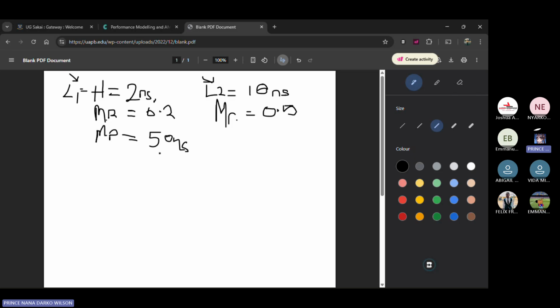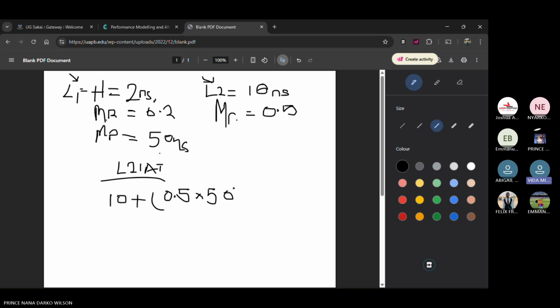So let's do that quickly. We start with level 2. The level 2 access time is the hit time, 10 nanoseconds, combined with the product of the miss rate, 0.5, times the RAM access time, 50. That's 10 plus 0.5 times 50. 0.5 times 50 gives 25 nanoseconds, plus 10 nanoseconds brings us to 35 nanoseconds.